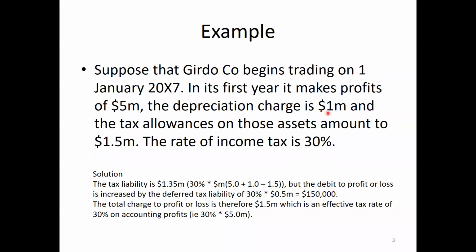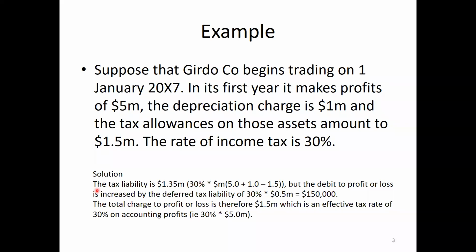We know very clearly the carrying amount is 4 million, and the tax base is 3.5 million. 5 minus 1.5 equals 3.5 million. That is the tax base. And carrying amount 5 million minus 1 million equals 4 million. There is a difference. So due to that difference, there is a chance for deferred tax liability.